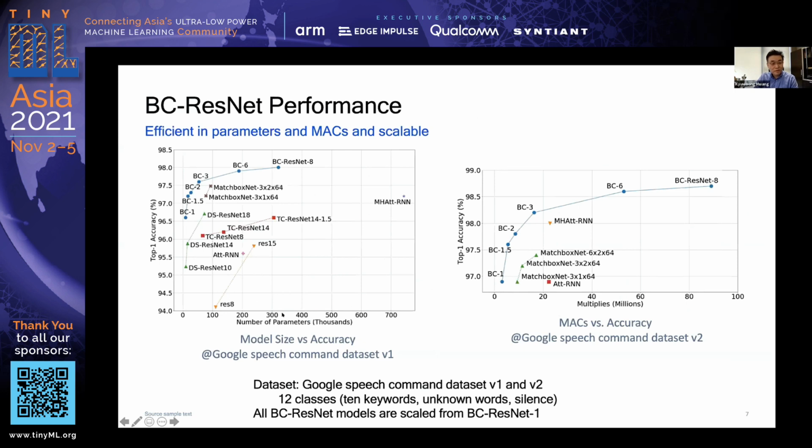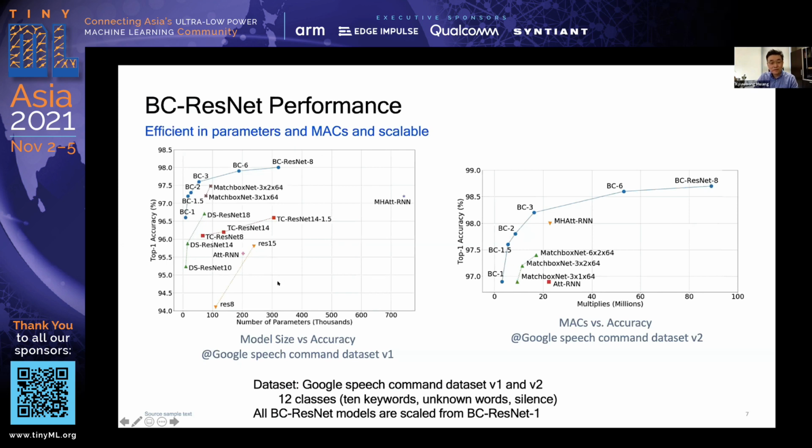If you see here, our BC-ResNet scales 1 to 8 all showed better accuracy with the same number of parameters than Matchbox.net, DS-ResNet, TC-ResNet, or standard ResNet. BC-ResNet showed much better performance with the same number of parameters than these conventional architectures.